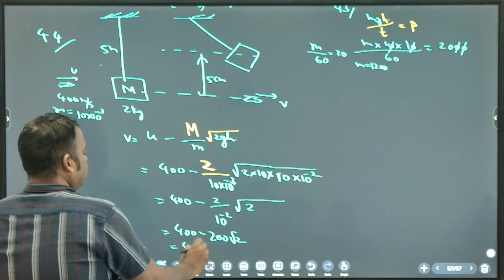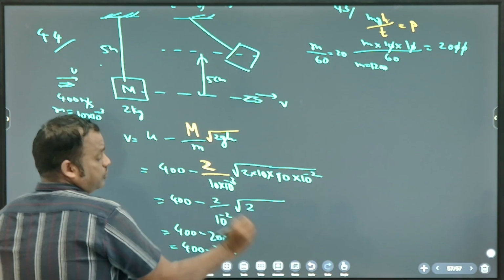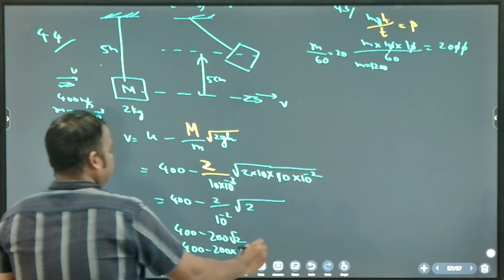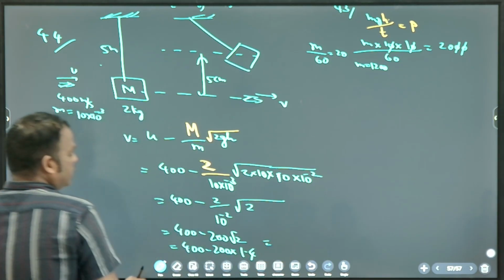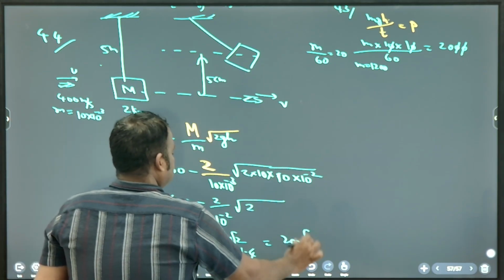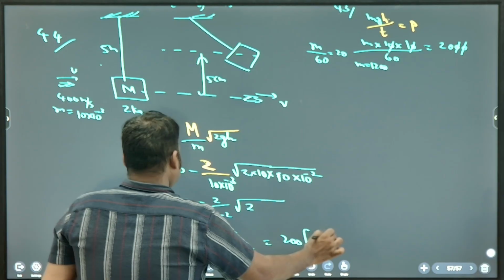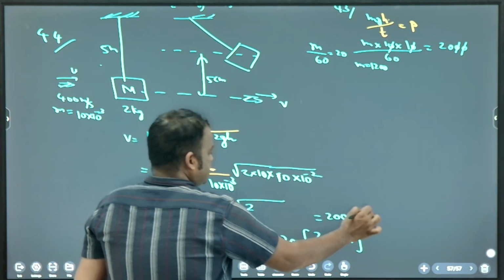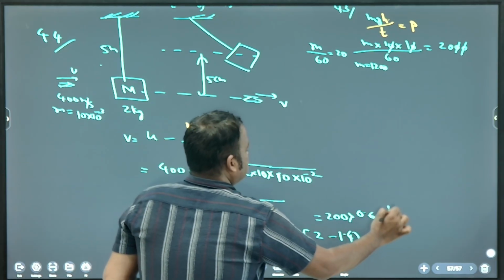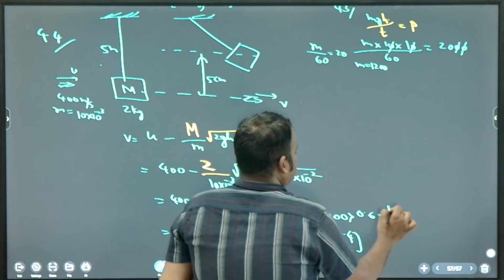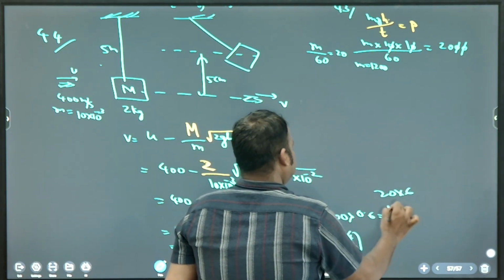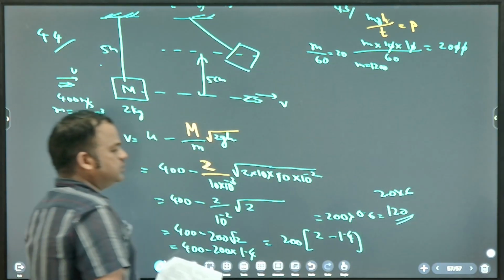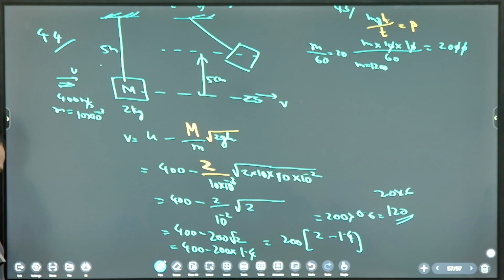So 400 minus 200 into root 2, 1.4. So you can take 200 common. So 2 minus 1.4. So 200 into 0.6. So 20 into 6. So 120 is the answer. Okay, 120. Note down.